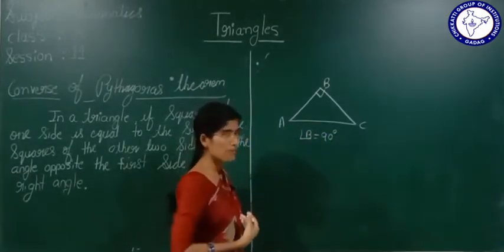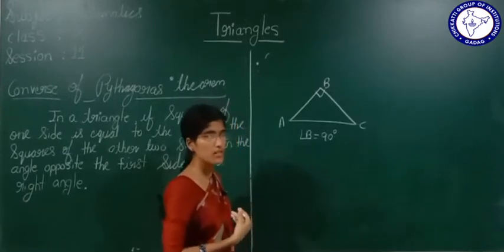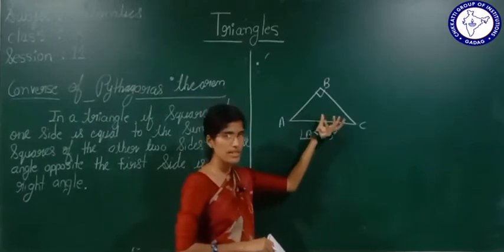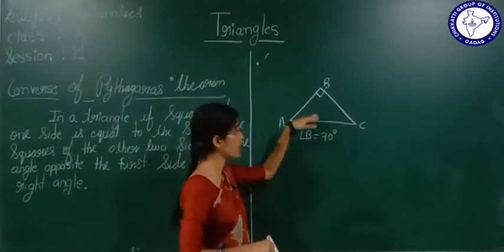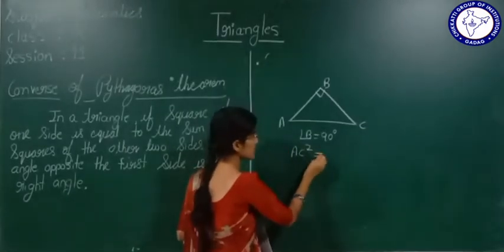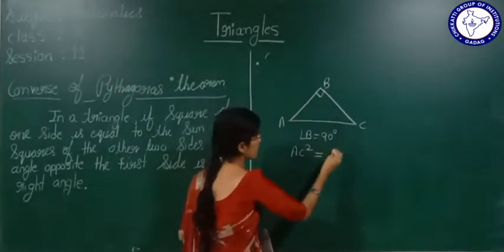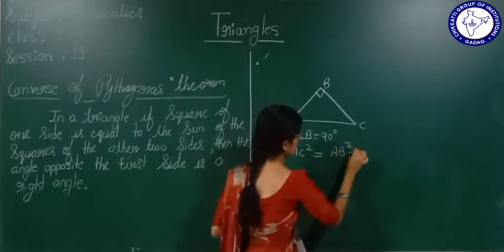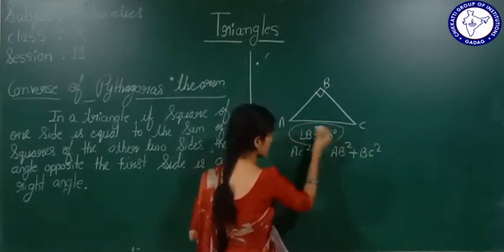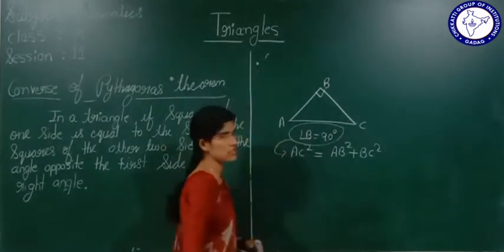By Pythagoras theorem, in a right angle triangle, the square on the hypotenuse is equal to the sum of the squares of the remaining two sides. If angle B is 90 degrees, we are going to get this condition.